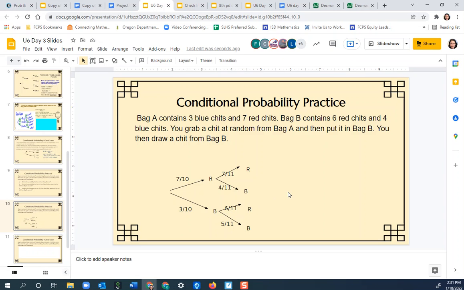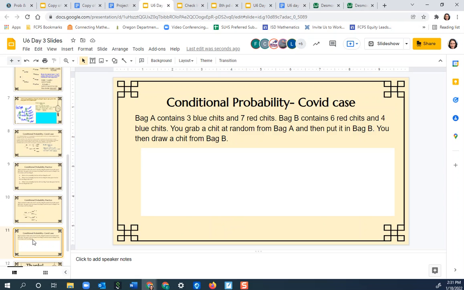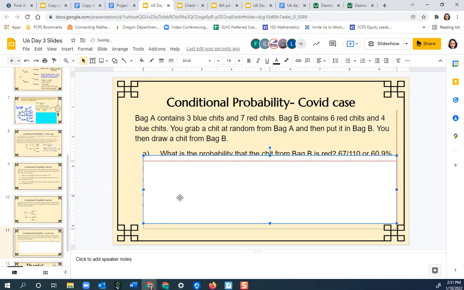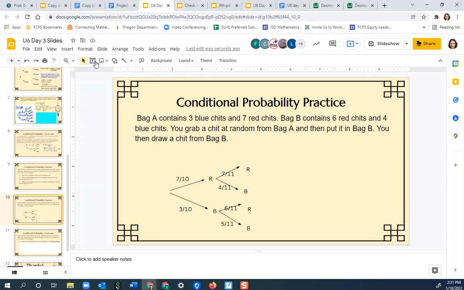Now we're going to use that to answer the question. We haven't seen the question yet, have we? I'll put that back in just a second. So, what was the question? Oh, what's the probability that the ticket from bag B is red? And they gave us an answer here, but let's see if we can come up with that answer. I'm going back here.